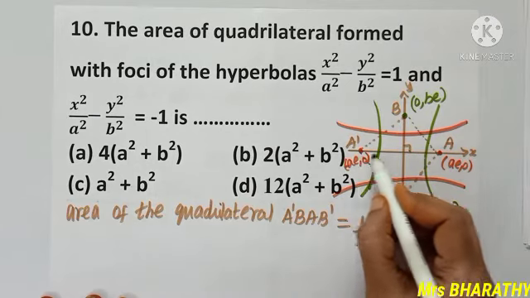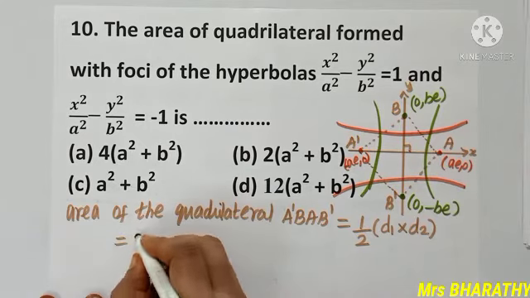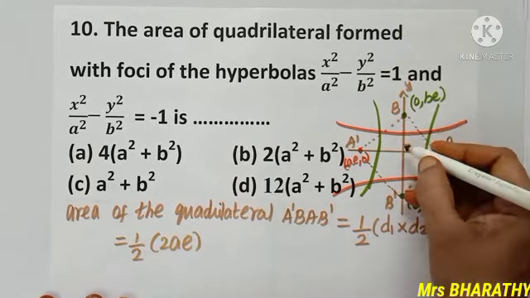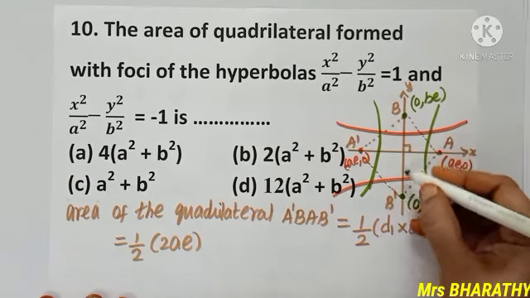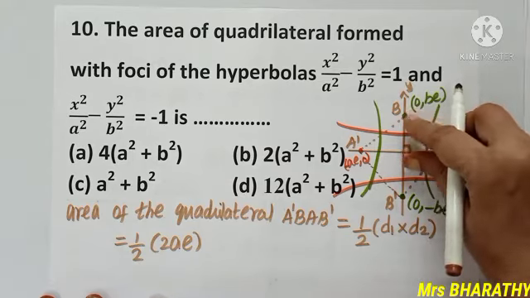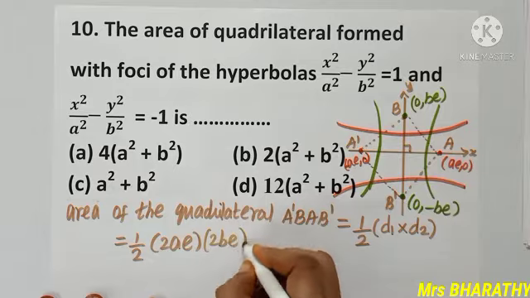Diagonal 1, the distance is AE plus AE, that is 2AE. The other diagonal is this, BE, here BE. Coordinate is negative, but distance is BE. Together 2BE.